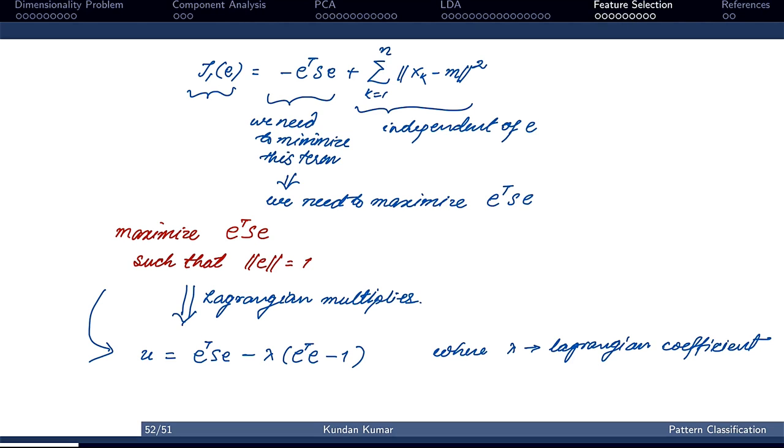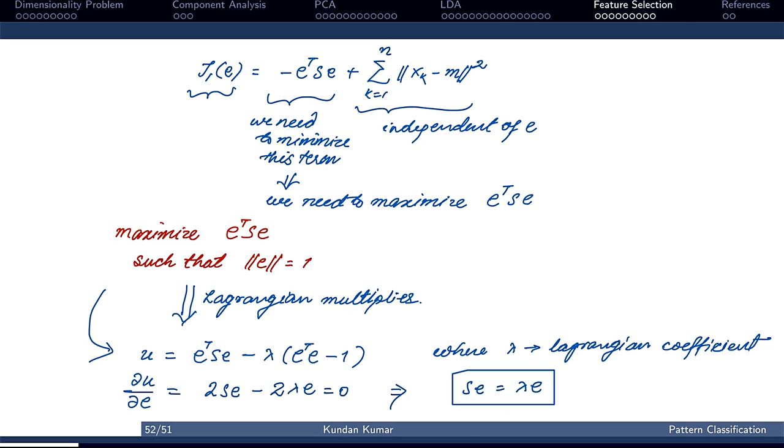What we have to do is take the derivative. So del u by del e equal to 2S e minus 2 lambda e. Okay, and we need to equate to 0, and from this we obtain S e equal to lambda e, and this is a very important result. Here you can observe this expression, which we already know.